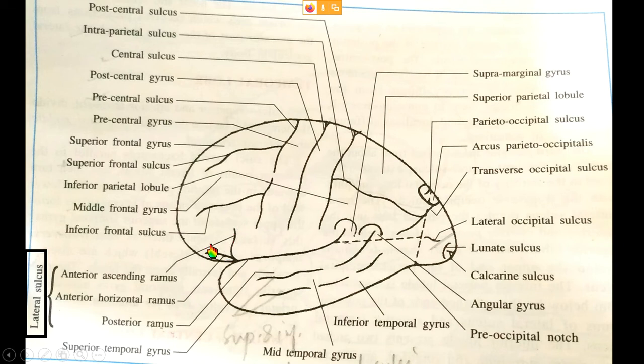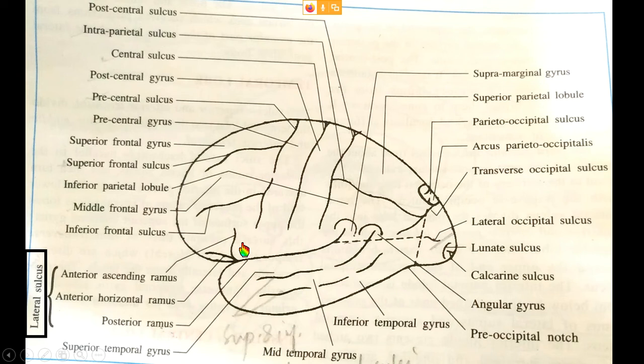You can see the shape of it, it is in the shape of a triangle. Then the rest of the area lying above the posterior ramus and extending between the anterior ascending ramus and the upturned end of the posterior ramus is known as pars posterior. Now you know the three areas: pars orbitalis, pars triangularis, and pars posterior.